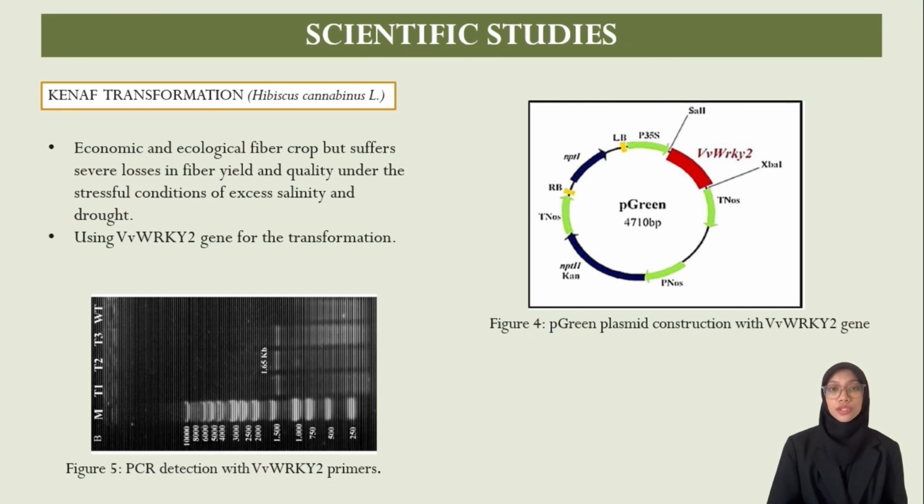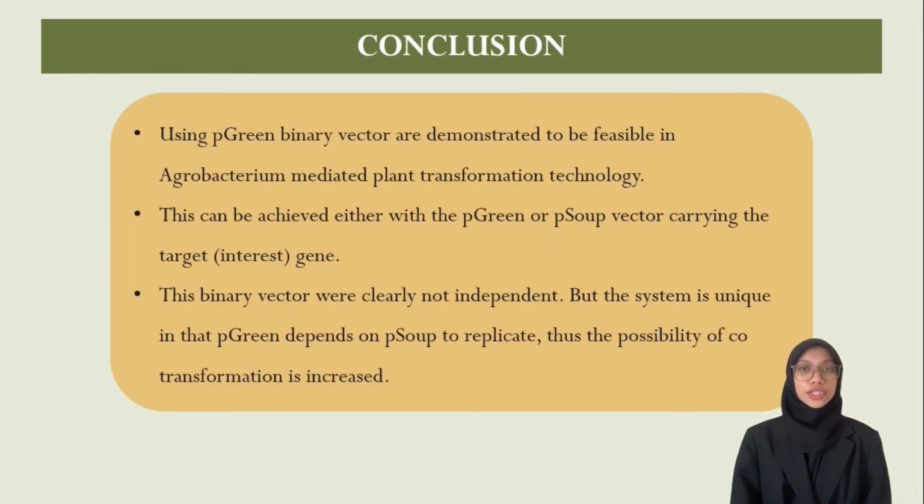This has shown that this binary vector was efficient and fast, by which stable transgenic flowering plants were obtained within a short period of 3 months with 6% transformation efficiency. In conclusion, using the pGreen binary vector is demonstrated to be feasible in agrobacterium-mediated plant transformation technology.